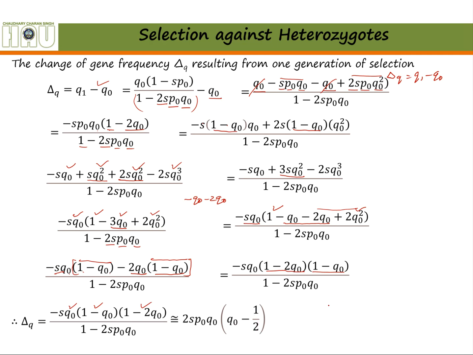If we take Q0 as half, it means the gene frequencies are equal, then your delta Q will be 0. When I take Q0 half, delta Q will become 0. It means equilibrium position comes.